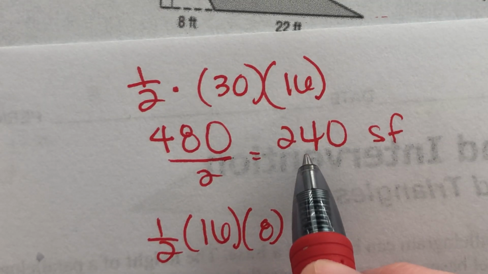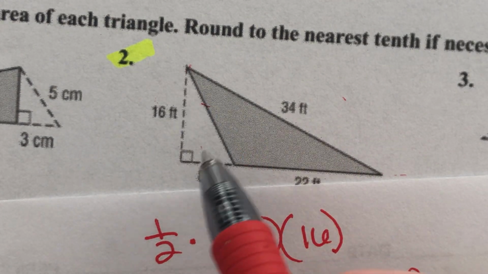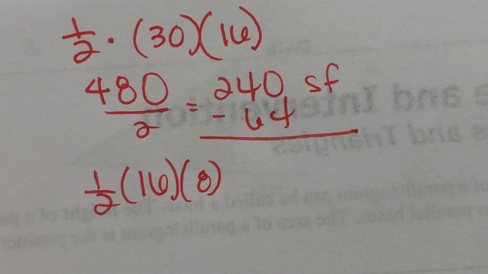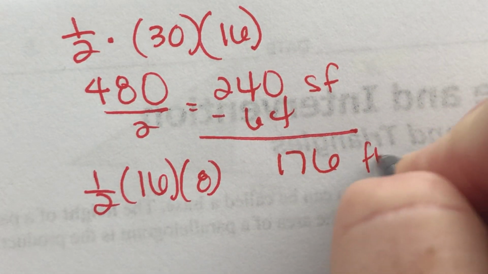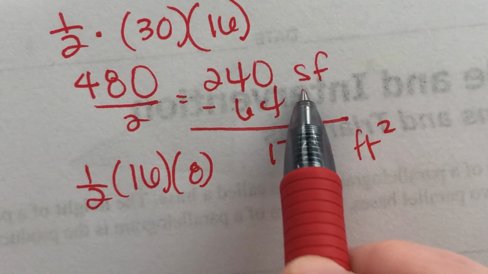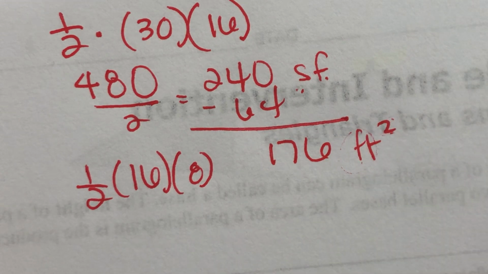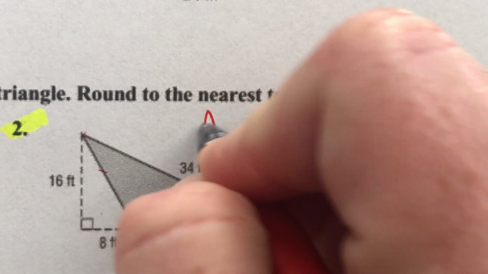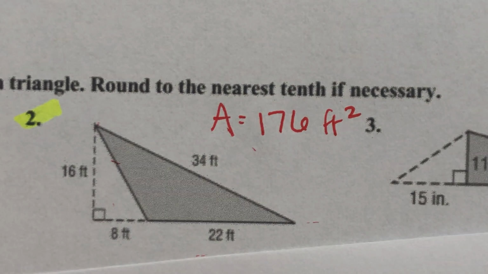So we've got our 240 as the area of this whole thing, minus this 64 area is going to give us 176 square feet. SF and feet squared are the same thing. This is square feet, this is feet squared. Same thing. So for our shaded triangle here, the area is 176 square feet.